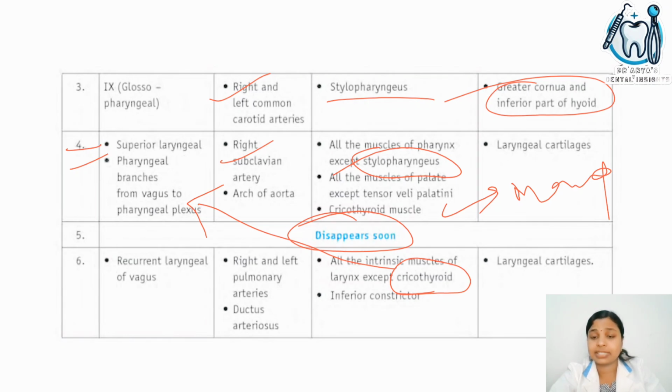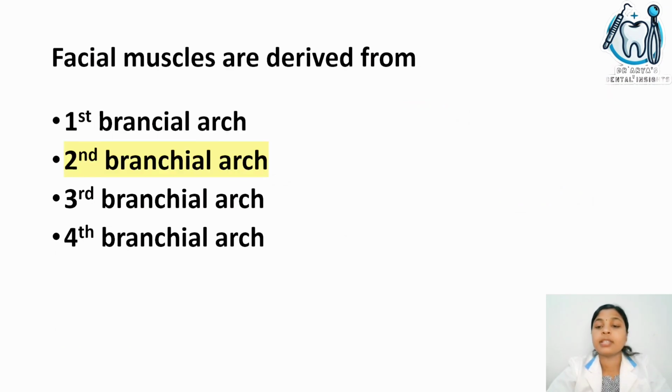Then inferior constrictor, then the laryngeal cartilages. Okay, so fourth arch, that is cricothyroid muscle, and sixth arch, that is laryngeal cartilages. That's all the intrinsic muscles of larynx except cricothyroid and inferior constrictor. So the answer is second branchial arch.